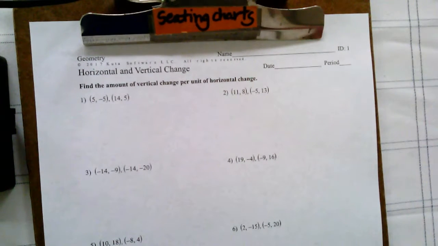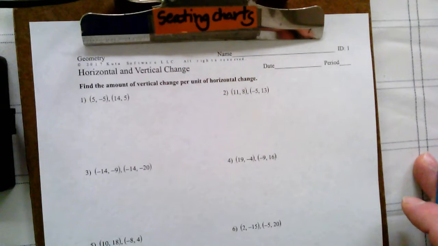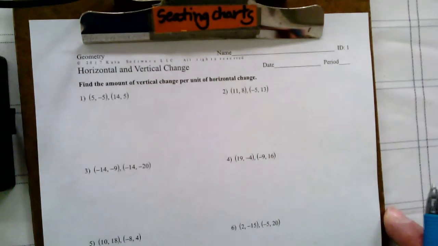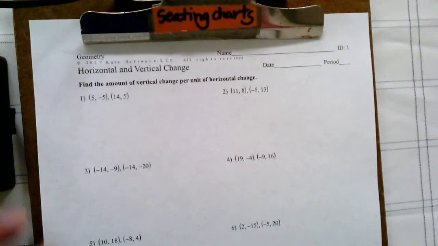What we're finding here is the amount of vertical change per unit of horizontal change. So to do that, all we have to do is calculate horizontal and vertical change and then divide. I'll show you. It's not hard.